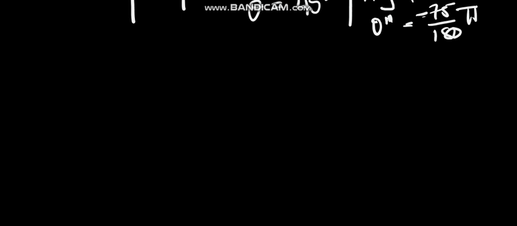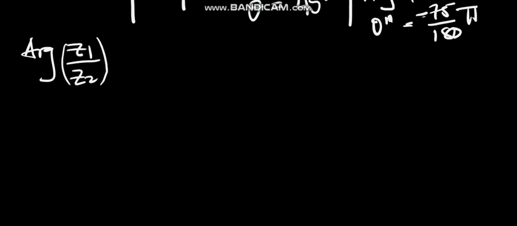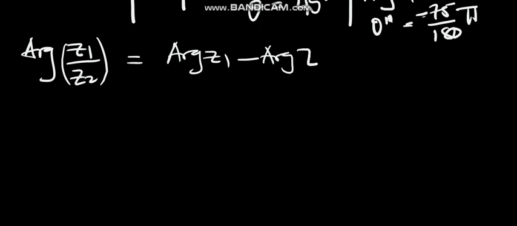Question 2 requires us to find the argument of z1 out of z2. And we say that this is possible by saying argument of z1 minus argument of z2. And argument of z1 was negative 120 in degrees, and argument of z2 is 45 in what? Degrees.